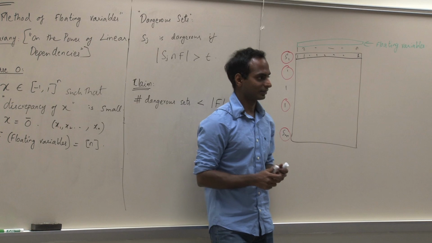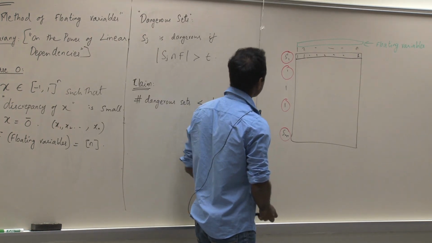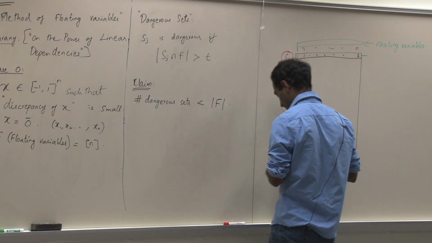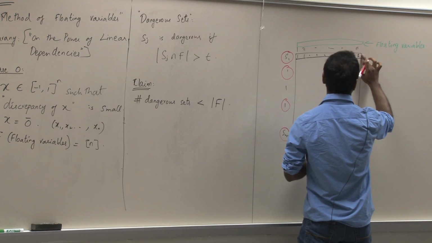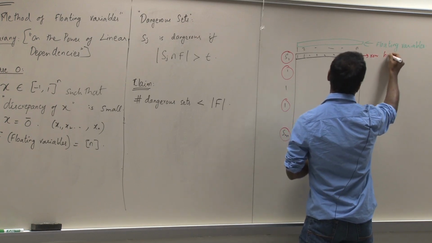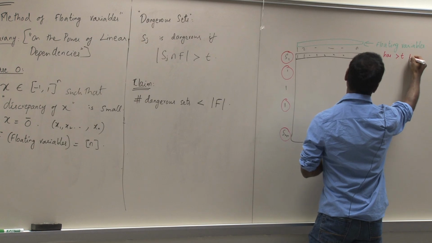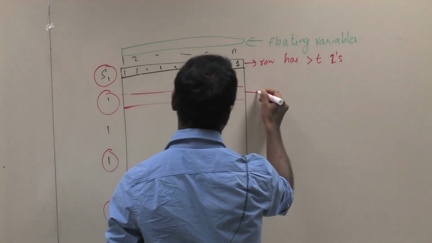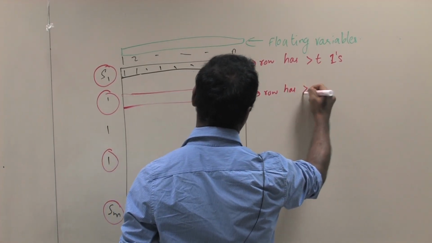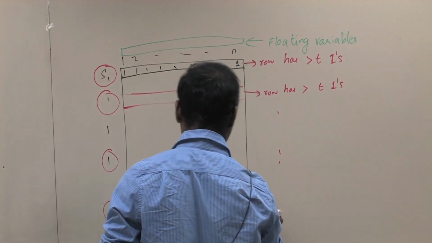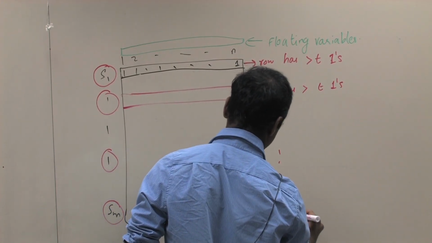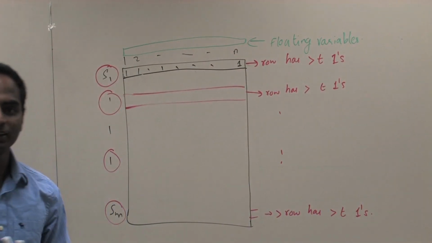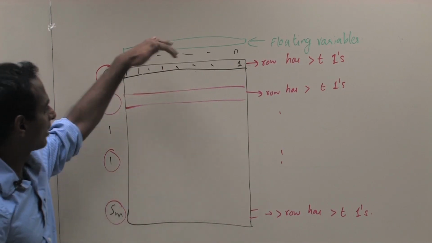Right, exactly, right. Because what does it mean to say a set is dangerous, right? It means that this row has greater than t ones, okay? And similarly, this row has greater than t ones and so on. Okay, but what is the sum of all the number of sets here?